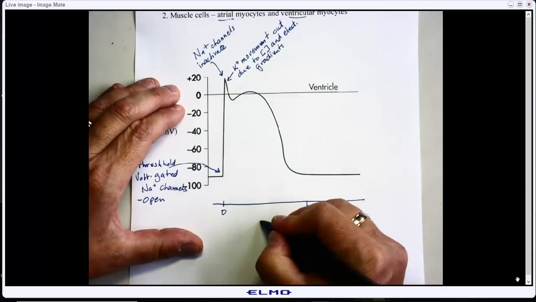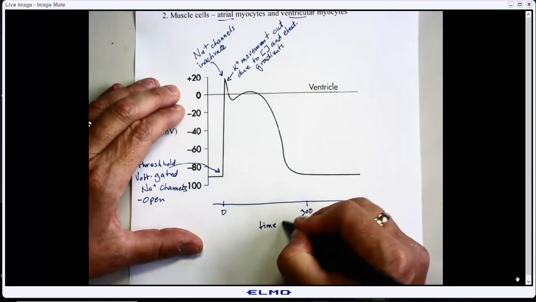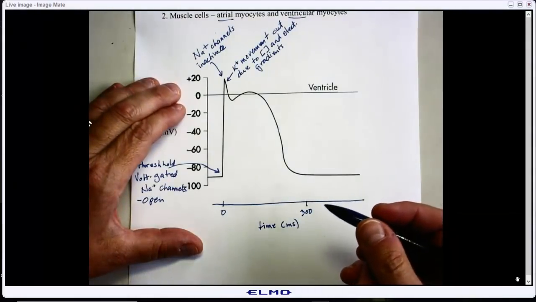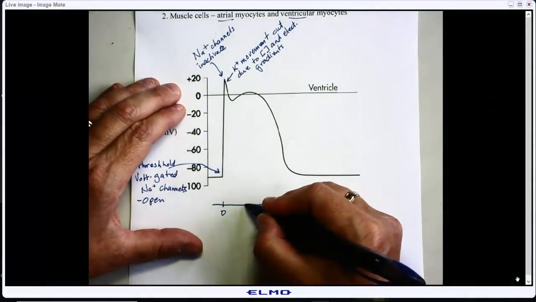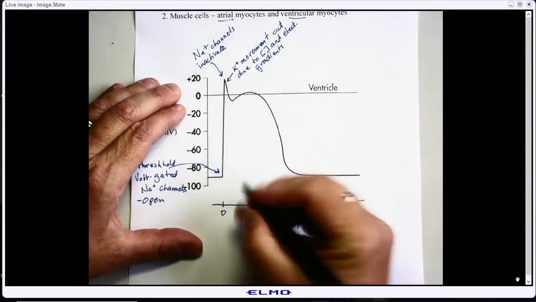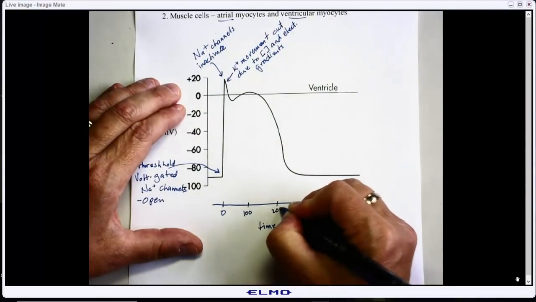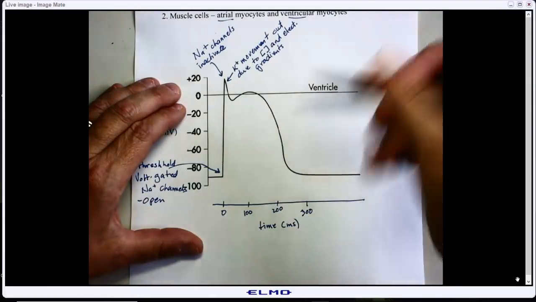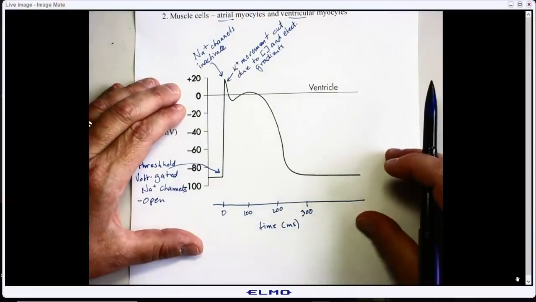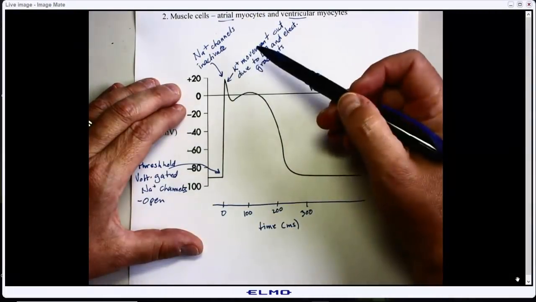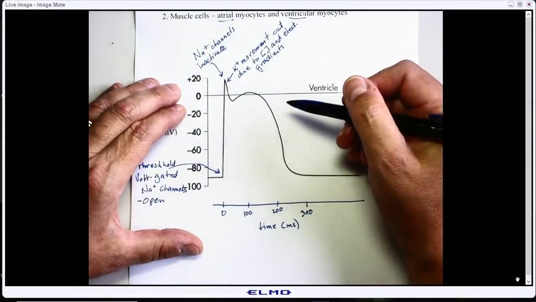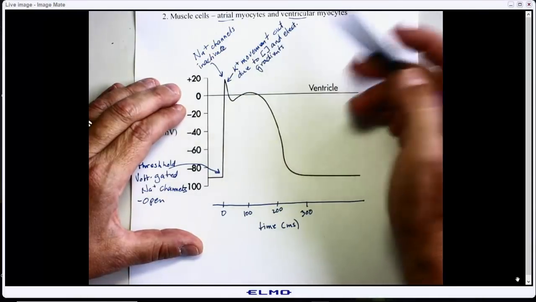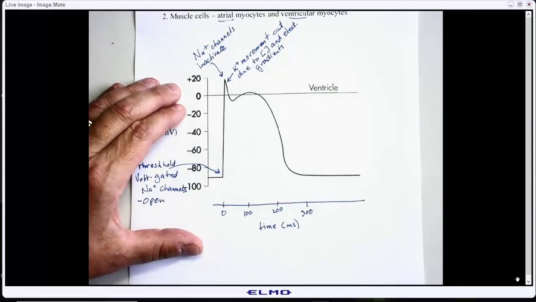So this is time in milliseconds, 100, 200. It's a 300 millisecond event. So moving one ion will now push other ions around if there's an inherent permeability to that ion, which there is for potassium. So we get a little repolarization due to potassium flux.